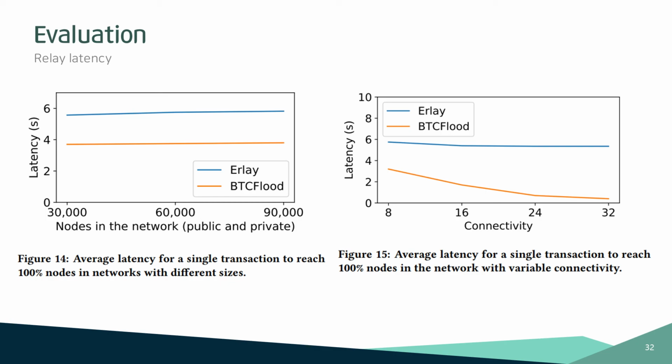We choose to pay this latency overhead because this is an acceptable cost to maximize bandwidth efficiency, and one of Erlay's goals is to enable higher connectivity. Therefore, they analyze the latency of Erlay and BTC flood for different connectivities of the network.